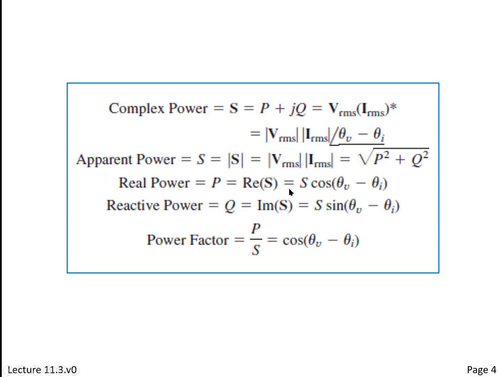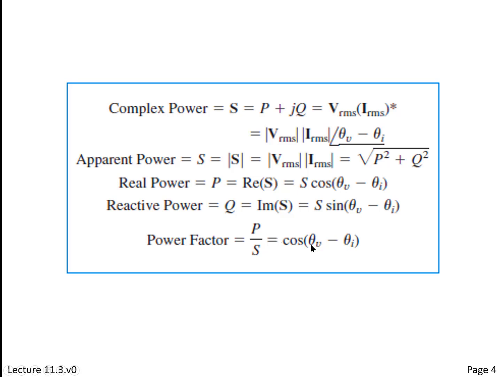We've derived a lot of this and run through it. Here the real power, this just breaks it out nicely because you can see real power is the projection on the real axis, and reactive power, the sine wave, is a projection onto the imaginary axis when you think of complex numbers. And the power factor is just the difference in those angles.